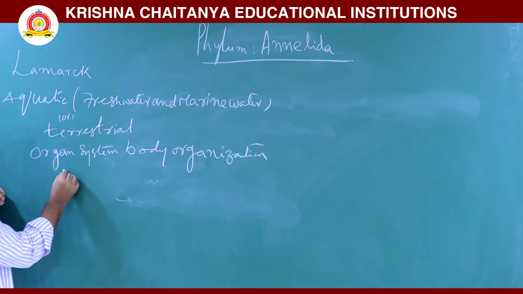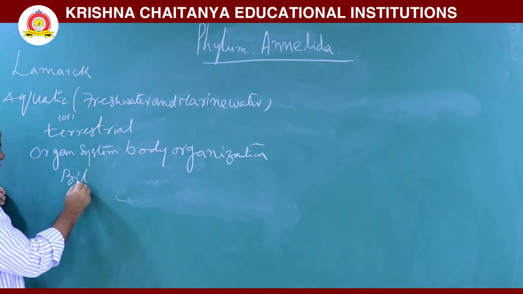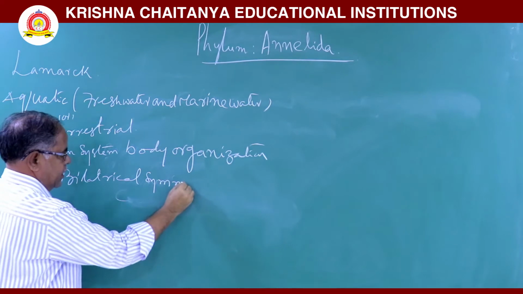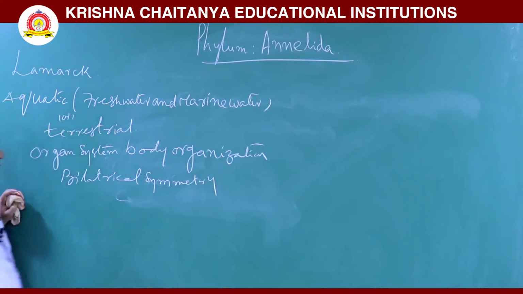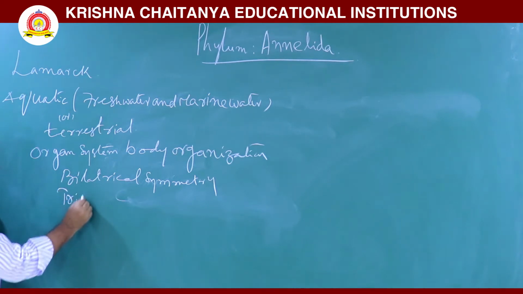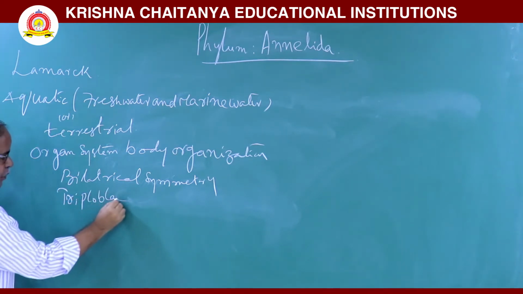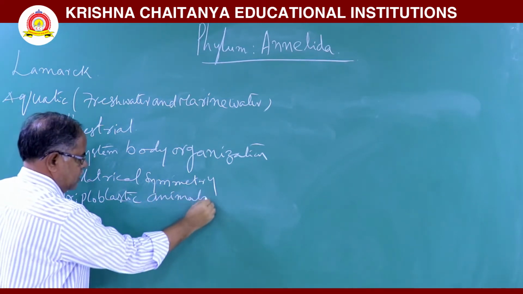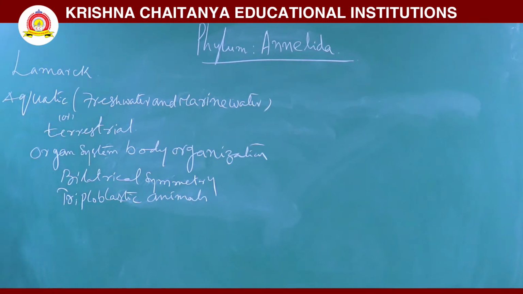They are bilaterally symmetrical animals. They are triploblastic animals, which means that during developmental stages, three germ layers are formed: ectoderm, endoderm, and in between ectoderm and endoderm, mesoderm.